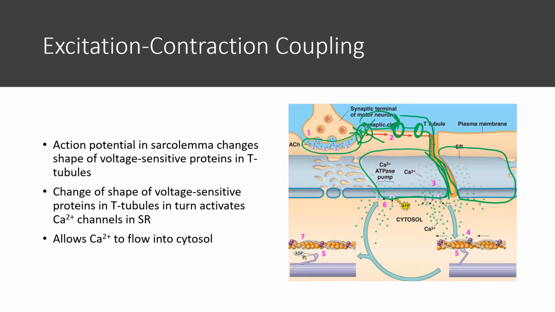Remember the triad? Two terminal cisterns of the sarcoplasmic reticulum and a T-tubule makes a triad. So you have this T-tubule sandwiched by the terminal cisterns of the sarcoplasmic reticulum, and as it turns out, they hold on to calcium. They store a lot of calcium.